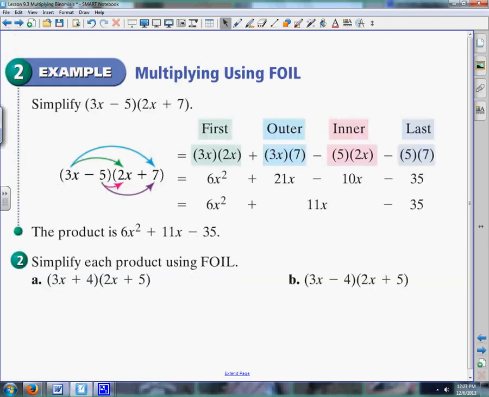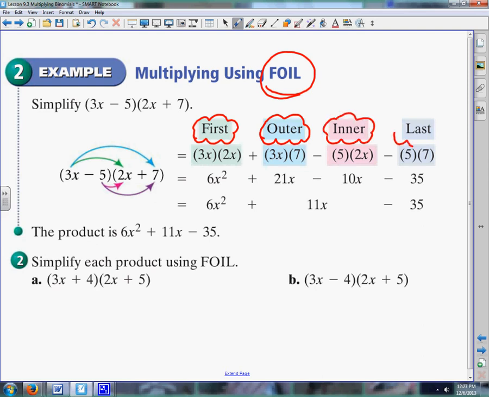So, example 2. Now here's another technique. It's called FOIL, and it's not like the foil you'd use in the kitchen. It stands for first, outer, inner, and last, like PEMDAS. I always learned it as first, outside, inside, last.